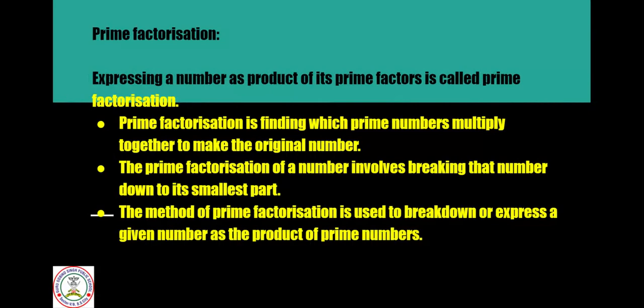It involves breaking that number down to its smallest parts. The method of prime factorization is used to break down or express a given number as the product of prime numbers.